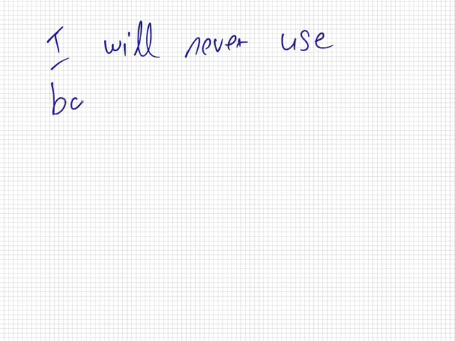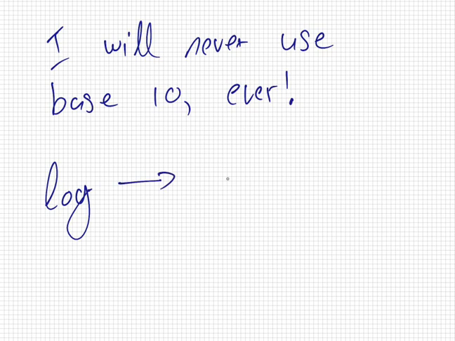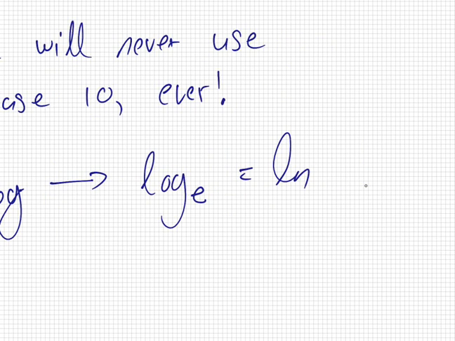Let me make something clear. Okay? So when I say log, I only mean log base e, which is the same as ln. Okay? Yeah, you make note of this, please.